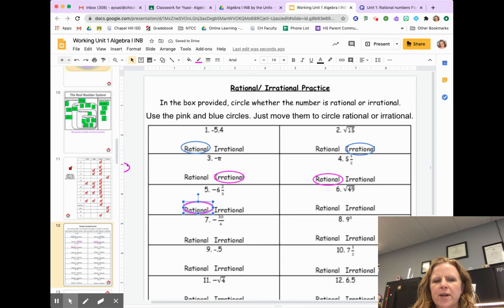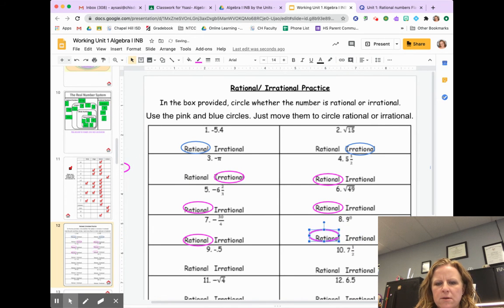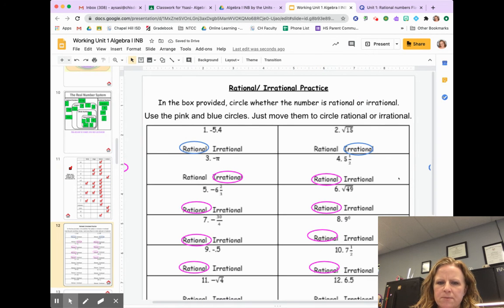Square root of 49. Rational because it equals 7. -30 over 4. Rational. 9 to the 0 power. Negative 0.5. 7.5. Lots of rationals here. Oh, there we go.